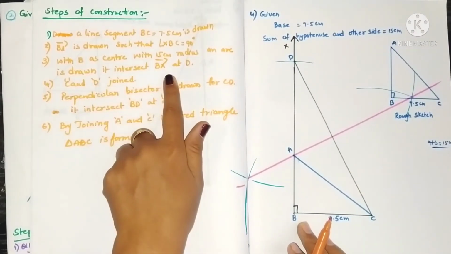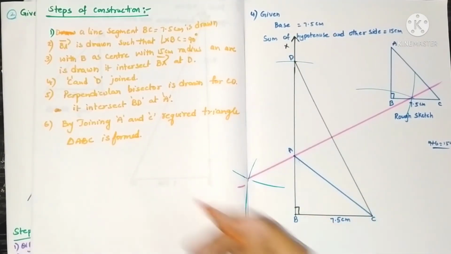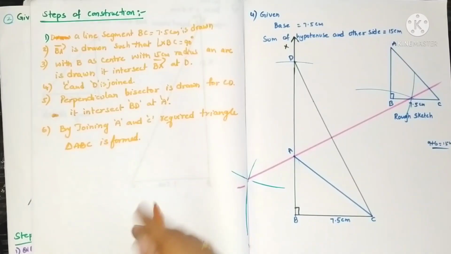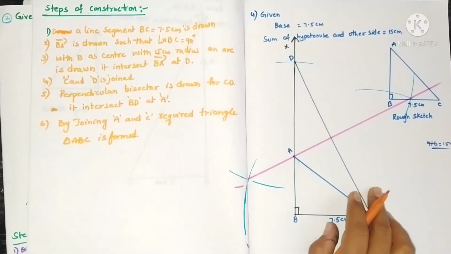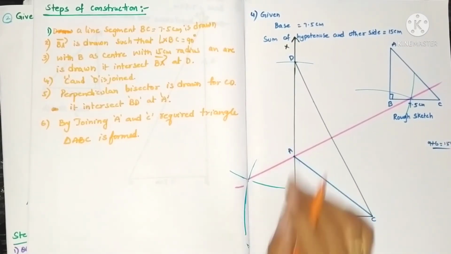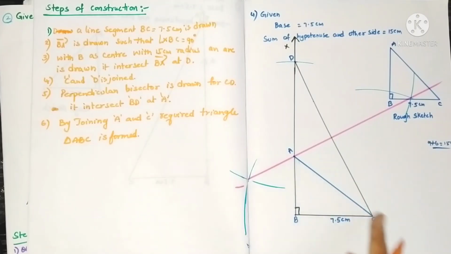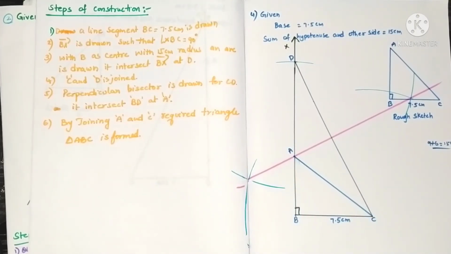It intersects the BX ray at D. C and D are joined. A perpendicular bisector is drawn for CD. It intersects BD at A. By joining A and C, required triangle ABC is formed.